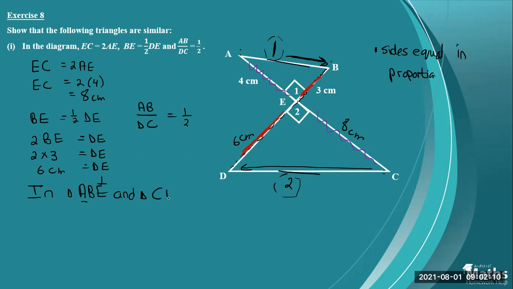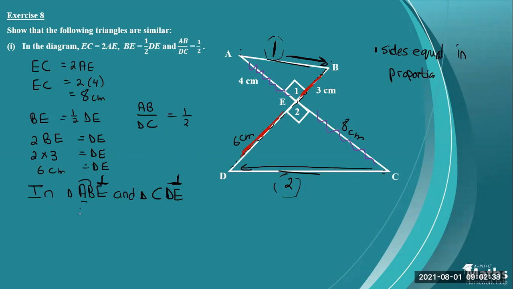CD going towards the red line, and the final one goes towards E, which has the 90-degree. See, so I'm just indicating the equal angles there. Just for myself, you don't have to show that. I can't work with angles because I don't have angles. So what I'm going to do, I'm going to work with my sides.